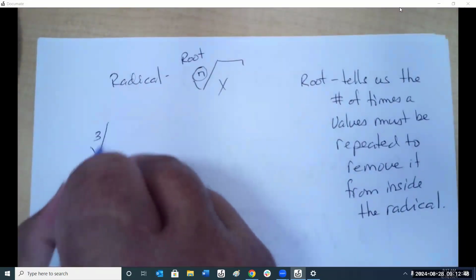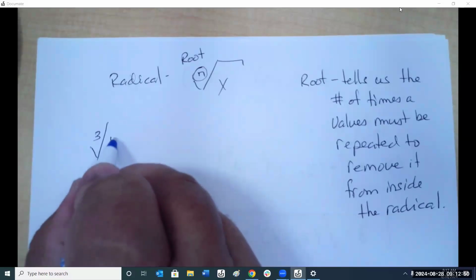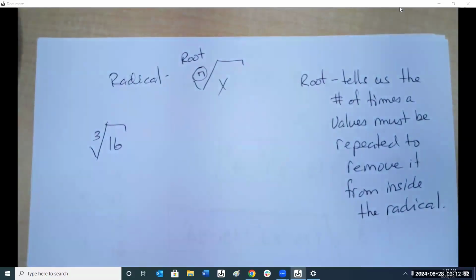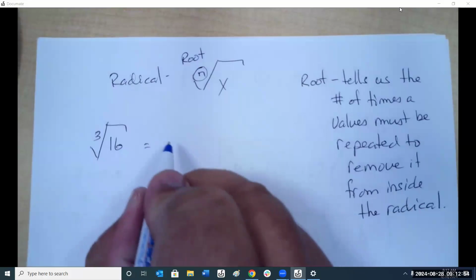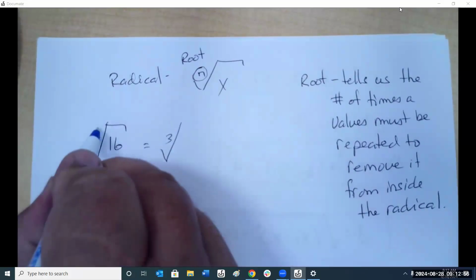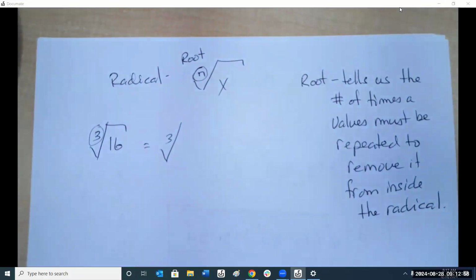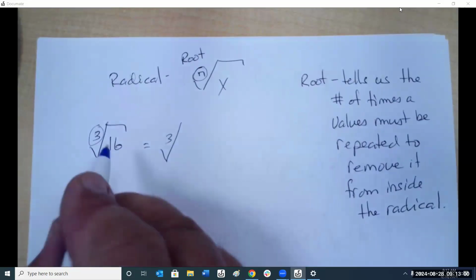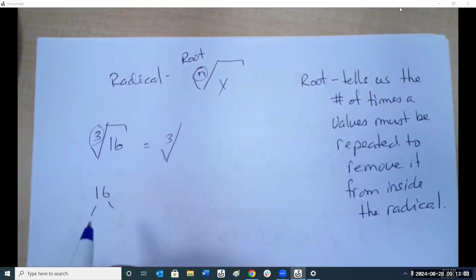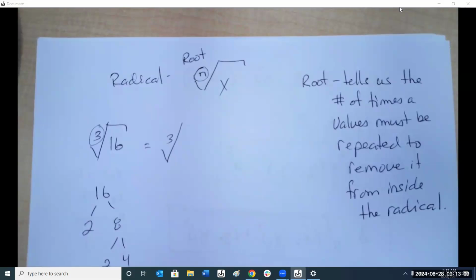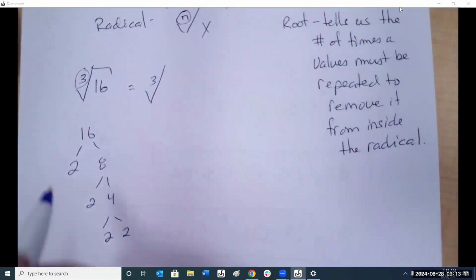So if we have a cube root of 16, that means we're looking for 3 of a kind, 3 of the same number. So 16, we break it down to 2 times 8, 2 times 4, 2 times 2. 2 times 2 times 2 times 2.